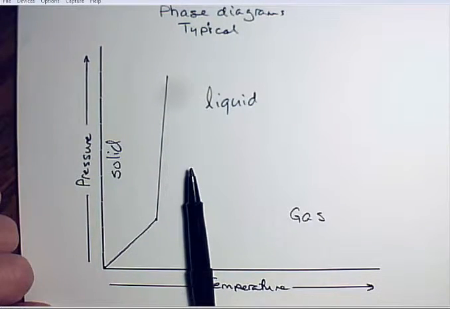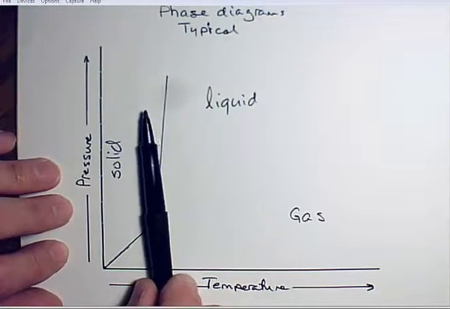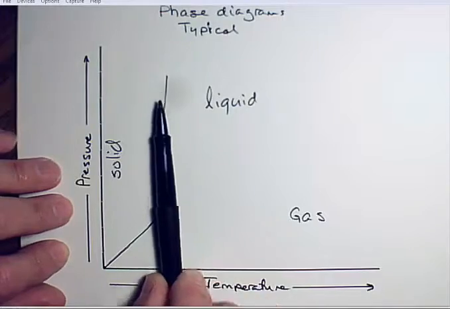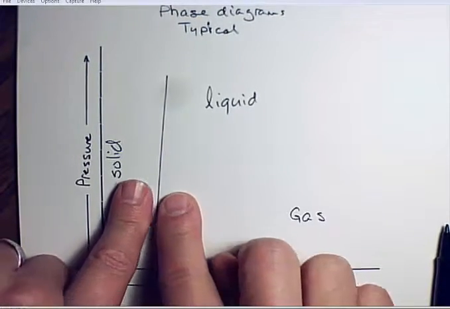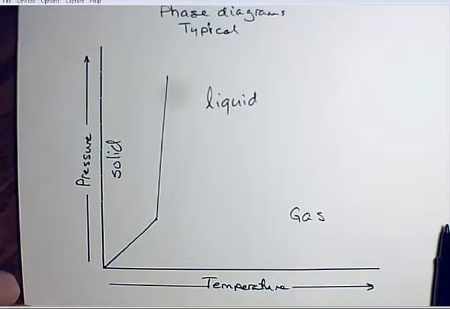And that makes sense if you think about it, right? Things melt when you heat them up. But along this little narrow slice of the x-axis, you can affect whether something is a solid or liquid by changing the pressure.